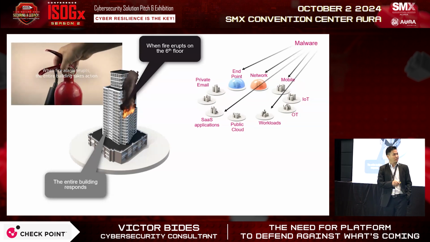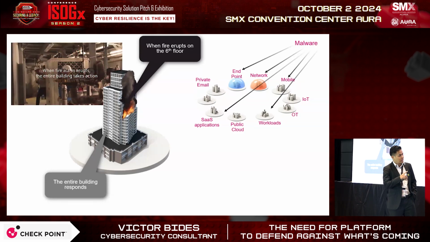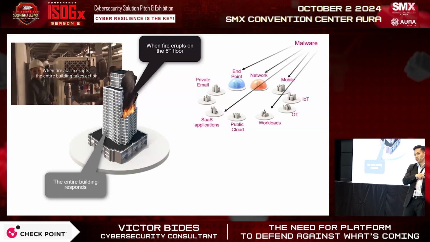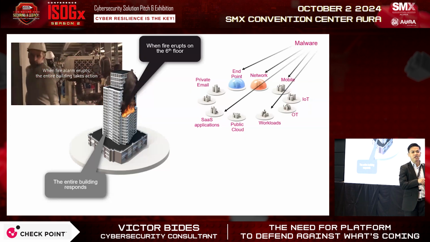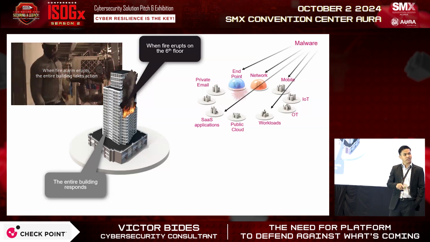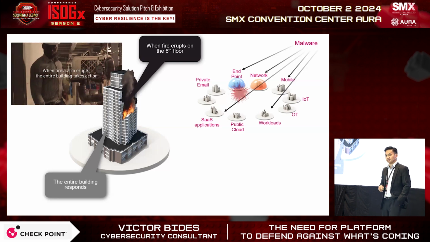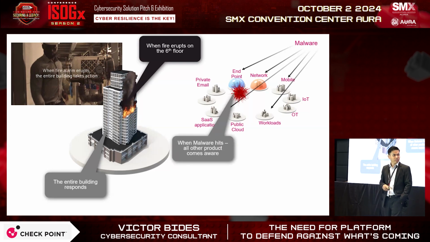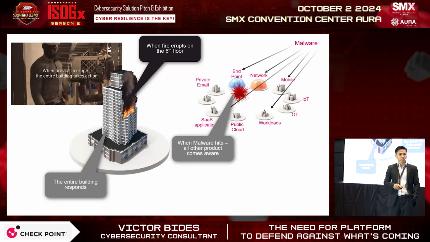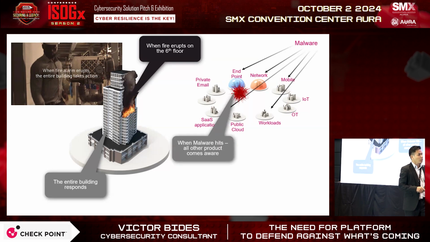So parang representation ko rito, when a fire erupts on the 6th floor, the whole building must be able to respond. So in analogy, let's say an endpoint has detected, or maybe my EDR has detected a malware, the platform that you are using must be aware instantly.